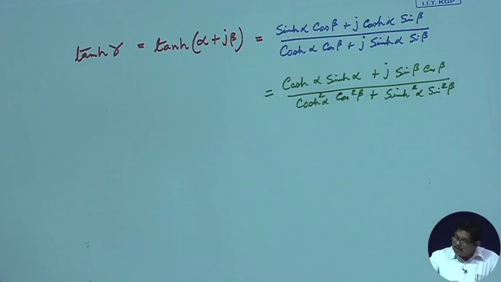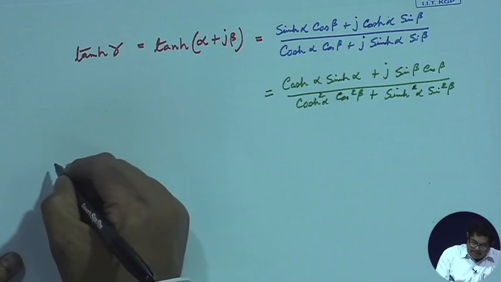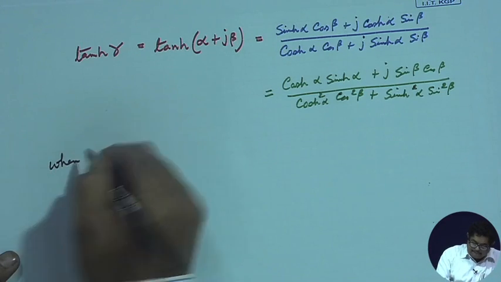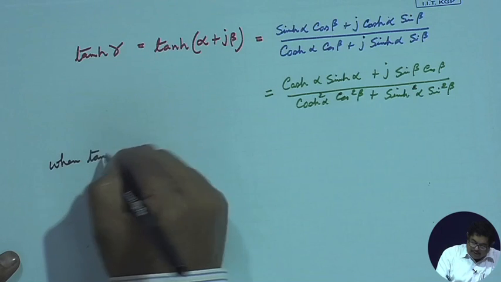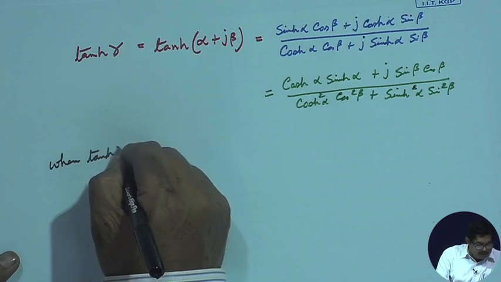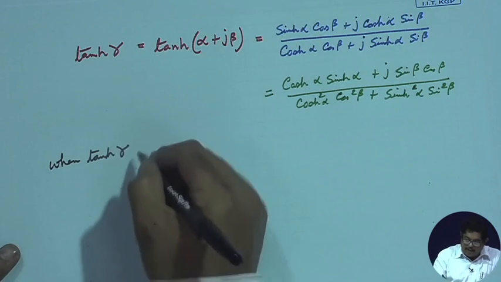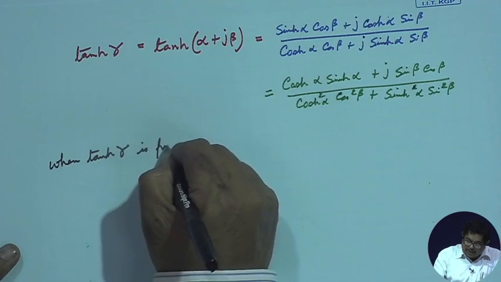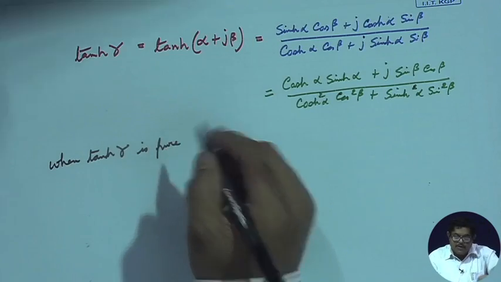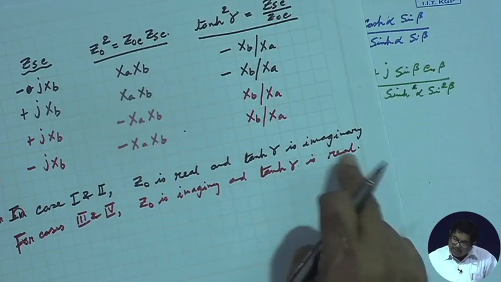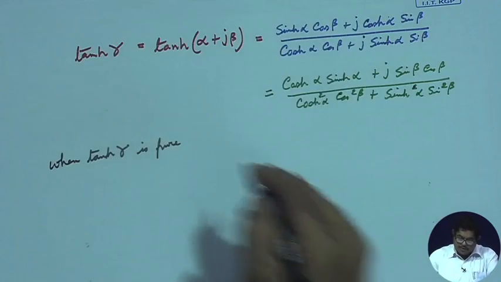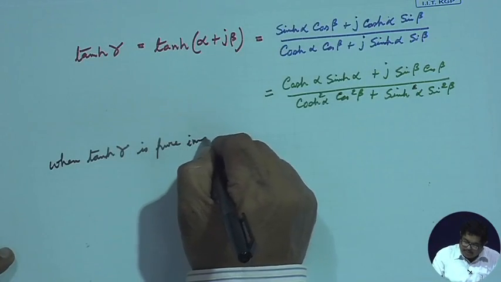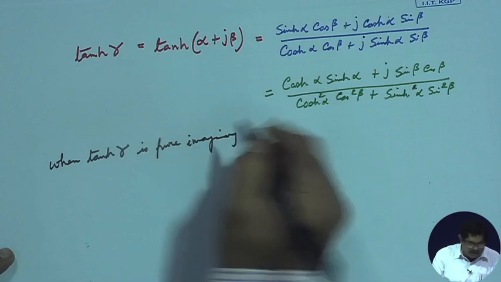Now, I can talk of that when tan hyperbolic gamma is, we have seen that in this case tan hyperbolic is pure imaginary.